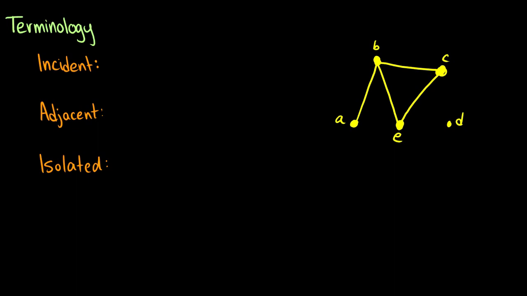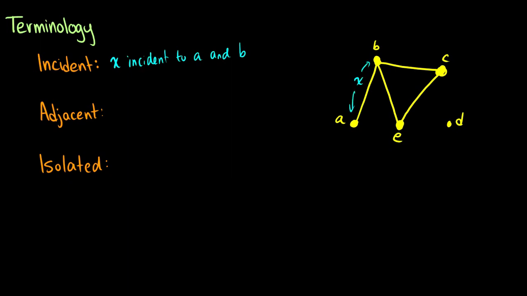Well, if you take an edge X, we say X is incident to A and B. So any edge is incident to two vertices. So it's basically the points connecting the edge.